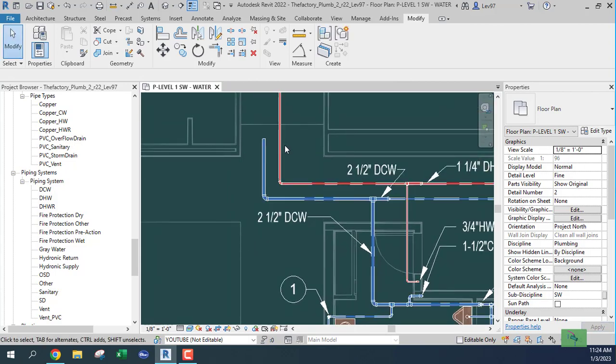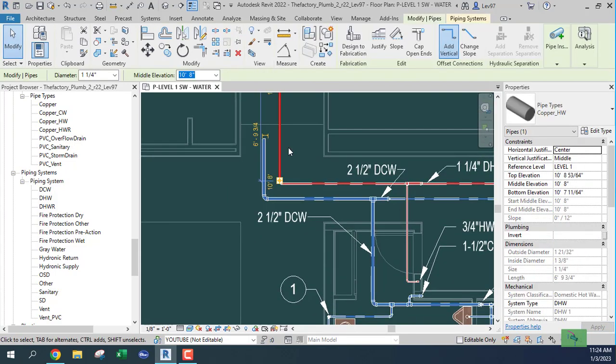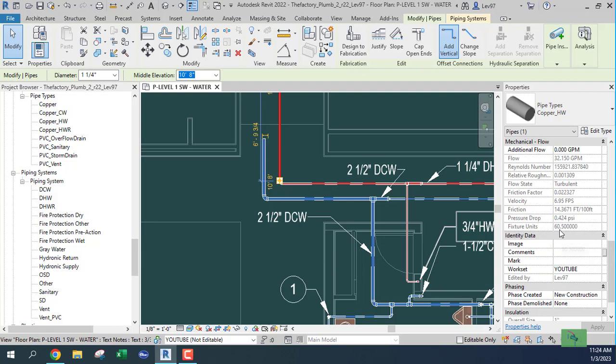And so when we go back to our hot water fixture units, we can see that it has increased to 60, right? 60.5. And Revit is saying that according to Hunter curves, at 60.5 fixture units, your flow is 32 GPM. So I'll go to my chart at fixture units.